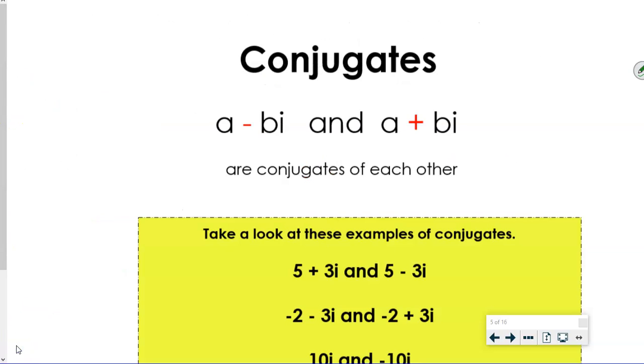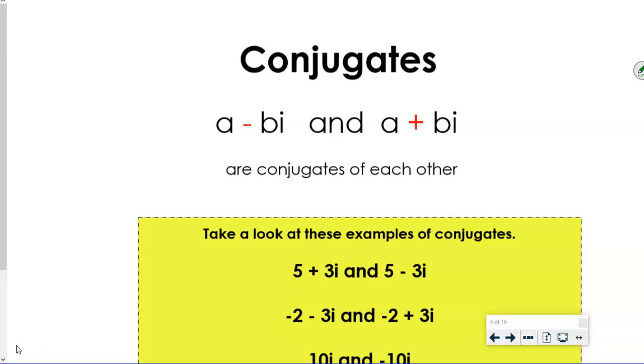So if we look at these examples, we've got a minus bi and a plus bi, so they're conjugates of each other. Then we have 5 plus 3i and 5 minus 3i, -2 minus 3i and -2 plus 3i, and then 10i and -10i.